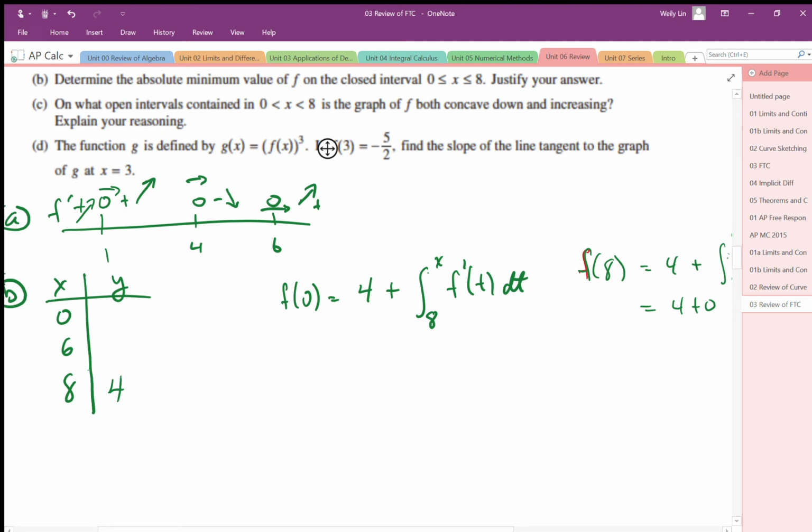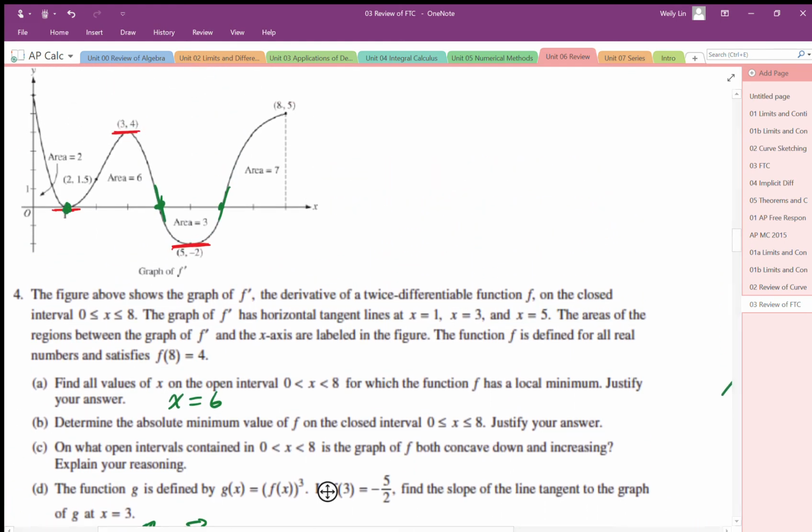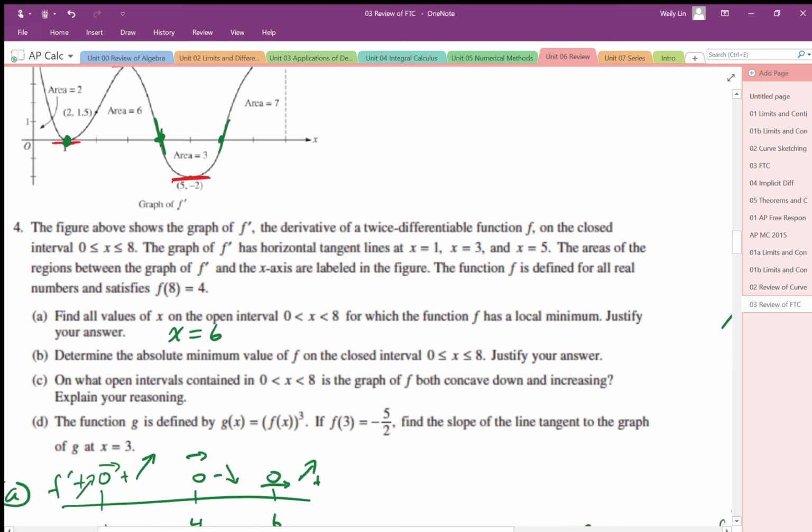Now I want to calculate 0 and 6. To do that, I need to calculate all the areas. Going from right to left is going to be -7, +3, that's -4, -6, so it's -10, and -2, so that's -12.